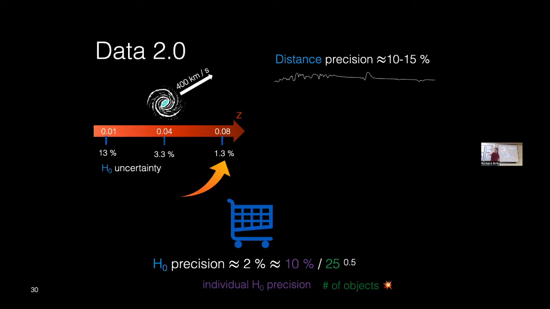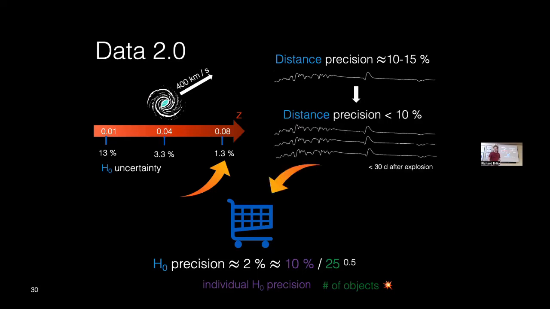And so that was your question about the number of spectra. With one spectrum, the uncertainties are relatively big. By having several spectra, one can reduce the uncertainty, of course. So what we aim for is several spectra taken within the first month of explosion, basically.